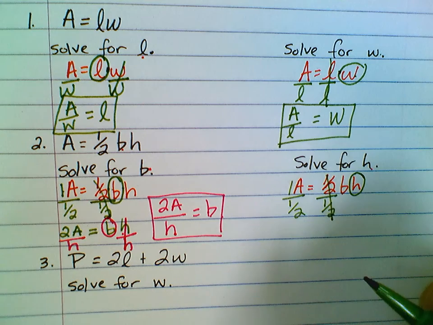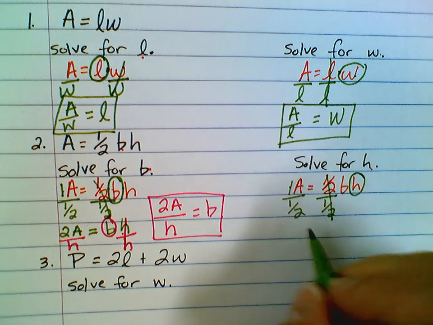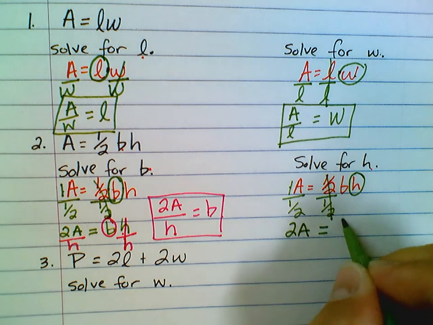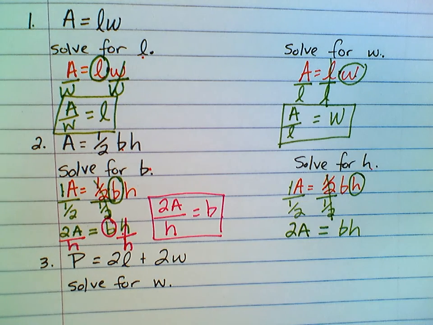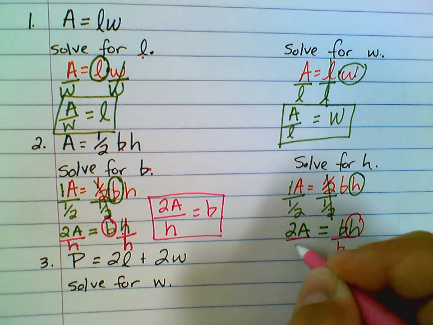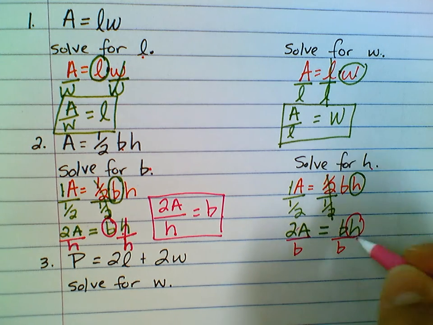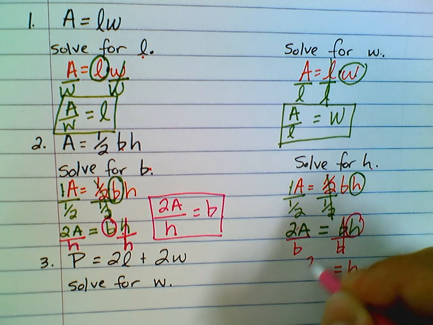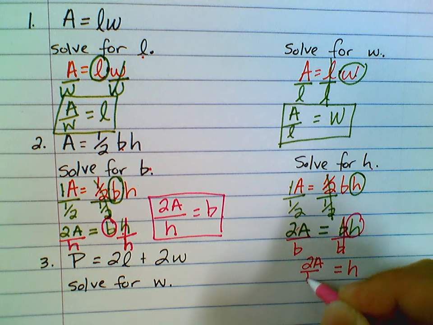So I don't need to plug that into my calculator again. 1 divided by 1/2 is 2A. And over here on the right-hand side, I have H. Again, I'm solving for H, so I'm dividing by B. And there's my answer. So I have H equals 2A over B.